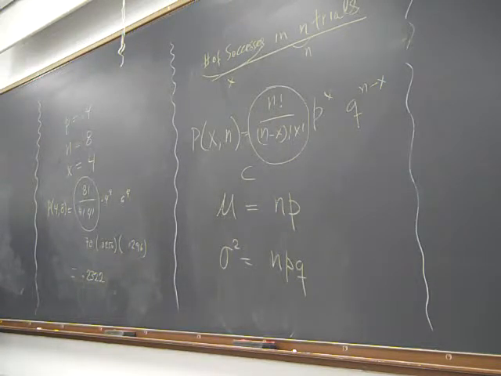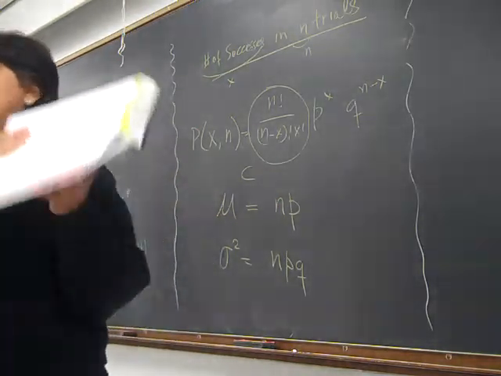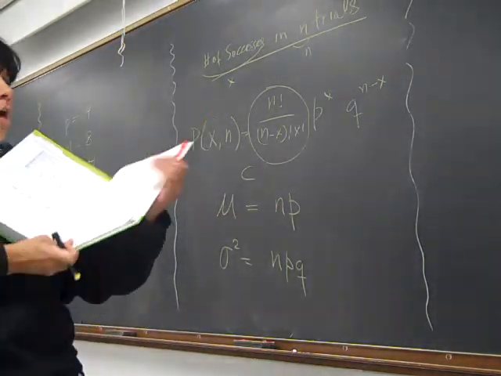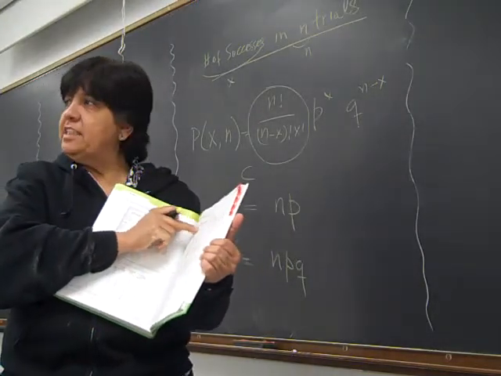Fortunately, we have tables. In your book, on page 839, you have the binomial probability table. On top, you're going to see the p's.